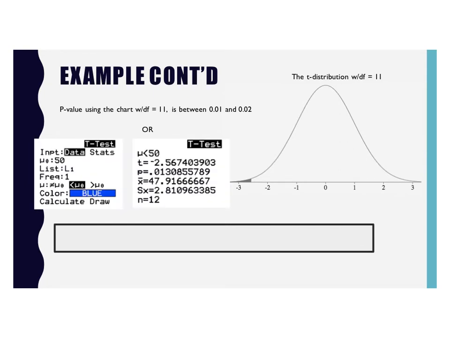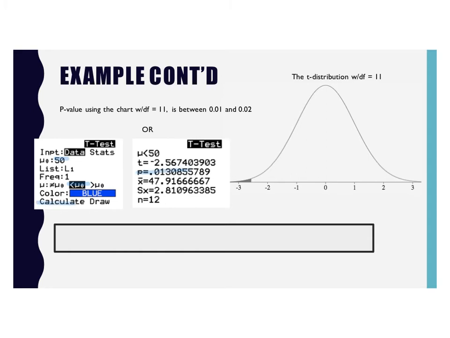Because we have all the individual data values, we can put those into list 1. All we have to do is type our null, the mu naught, 50, then list 1, our Ha was less than the null, and then we go to calculate.